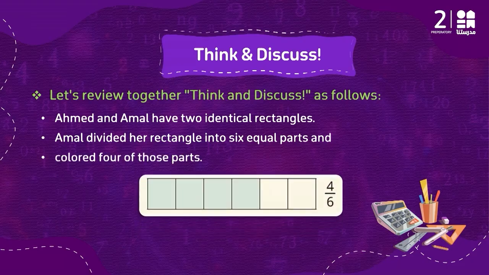So 2 parts in math means fraction. So we have 2 parts out of a total of 3. The second person cut the rectangle into 6 parts and colored just 4 only. 4 parts, as we said, parts in math means fraction. So it's 4 out of 6, or 4 over 6.